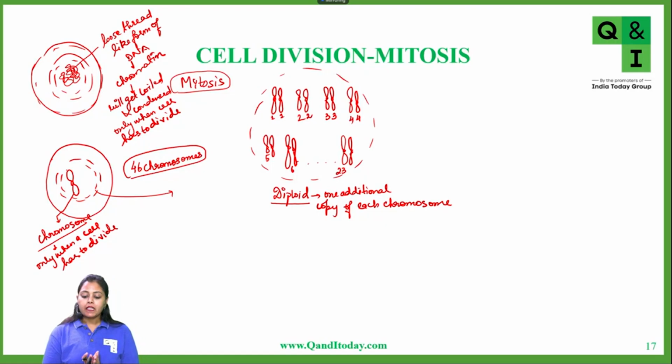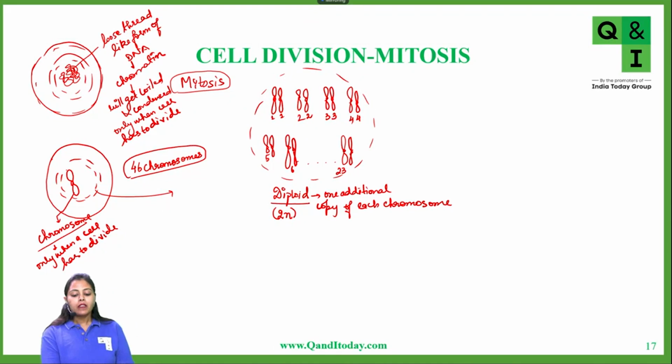Diploid condition is written like this. How do we write diploid? Diploid means 2n. N represents the number of chromosomes, and 2n means we have a replica of each chromosome present, so the number becomes double. That's why we write diploid as 2n.